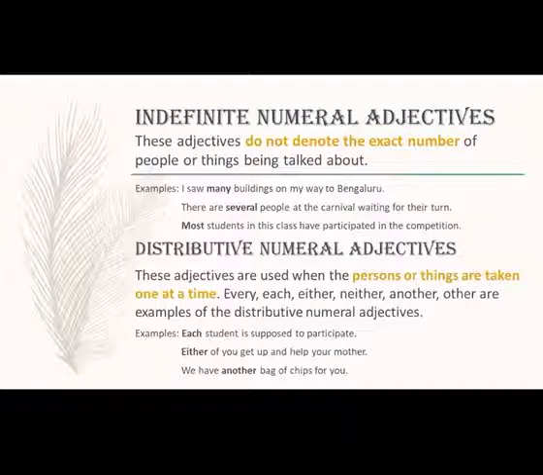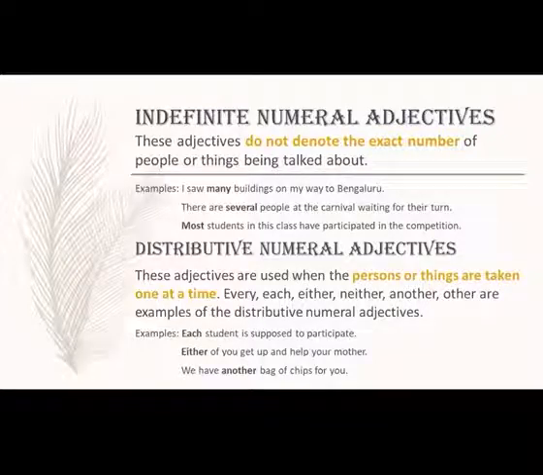The last one on our list is distributive numeral adjectives, which are used when the persons or things are taken one at a time, like the name suggests, in a distributive manner.